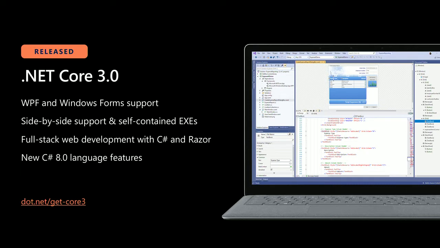But there's a bunch of other stuff that we won't get a chance to talk about, like the new support for desktop apps, WPF and WinForms apps with .NET Core, support for generating native single exe files using the .NET Core SDK, as well as all the great new C# 8 features that come with .NET Core 3.0.